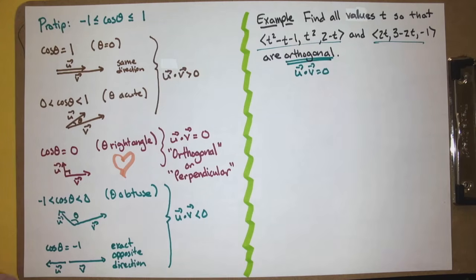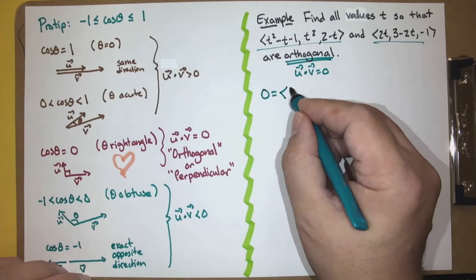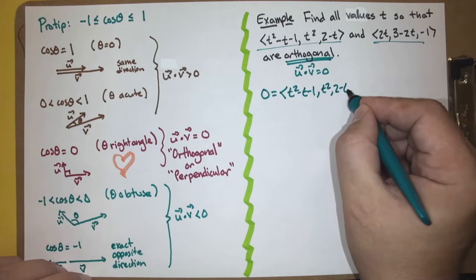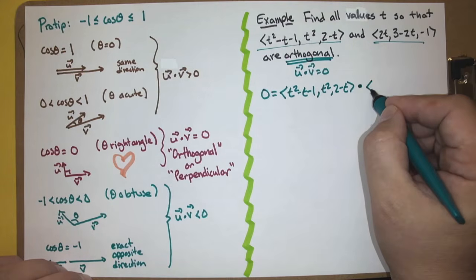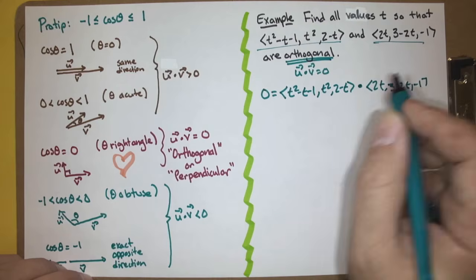So you say, great. Now we have a plan. 0 is equal to the dot product of these two vectors. We know how to take dot products of vectors, so let's do that.